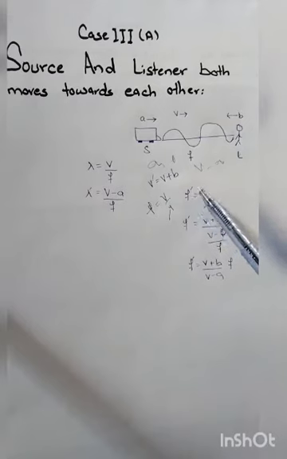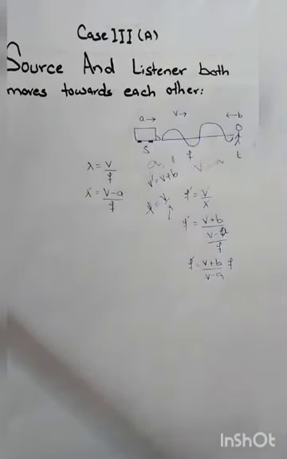So the new frequency is V prime by lambda prime. V prime is the new speed, which changes due to the motion of the listener, and lambda prime is the changed wavelength, which changes due to the motion of the source. So in this case the frequency changes due to the change in speed as well as the change in wavelength.